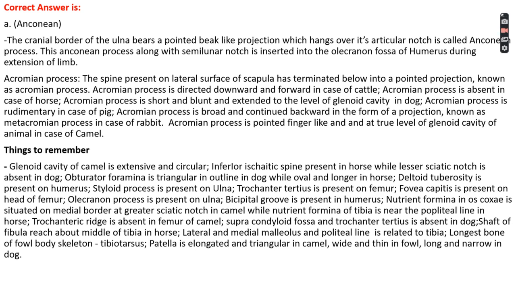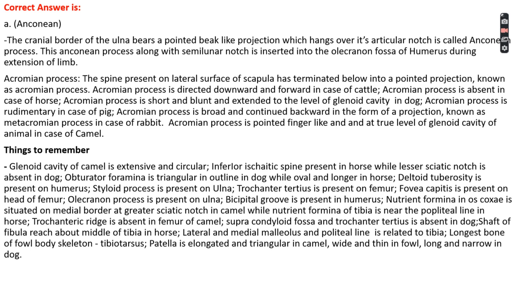In case of pig, the acromion process is rudimentary, and in case of rabbit, along with the acromion process, there is another process, the metacromion process, also present. And in case of camel, this acromion process is pointed, finger-like, and at the level of the glenoid cavity.